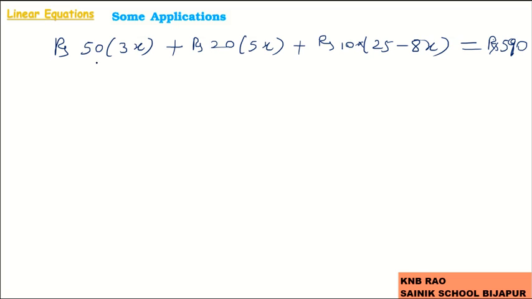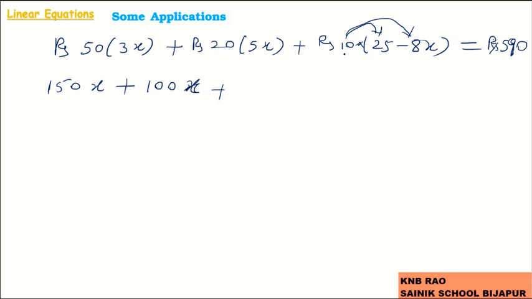So now we shall multiply them. 50 threes are 150x, plus 20 fives are 100x, plus this 10 will be distributed among 25 minus 8x as the distributive property, multiplication over subtraction.